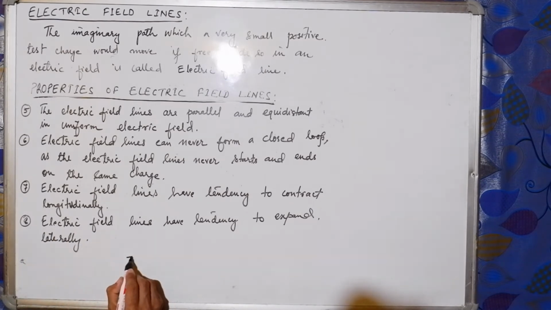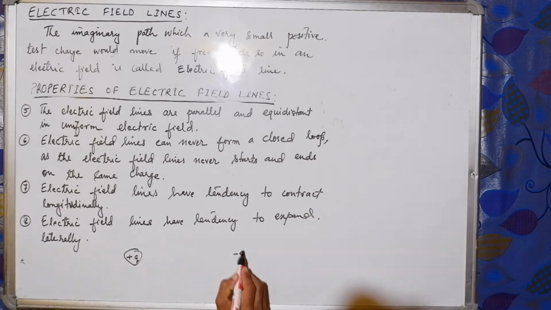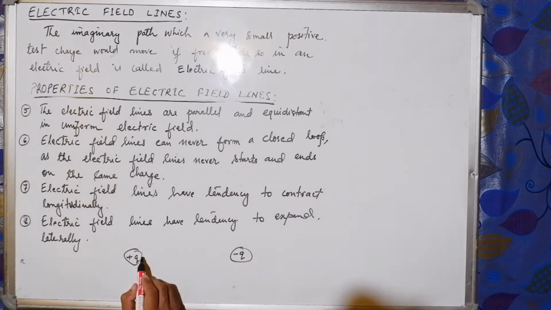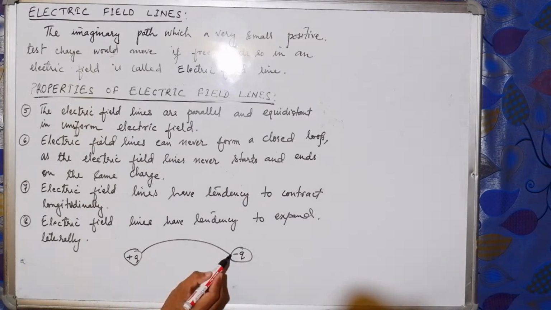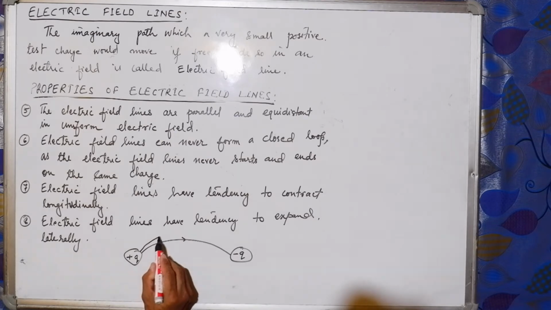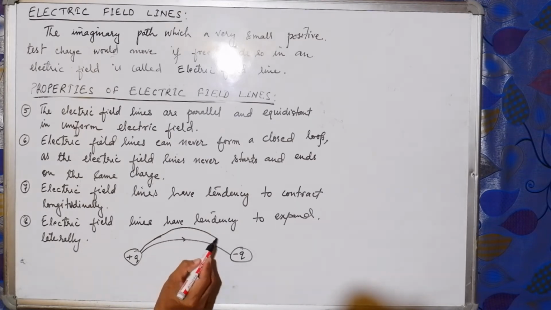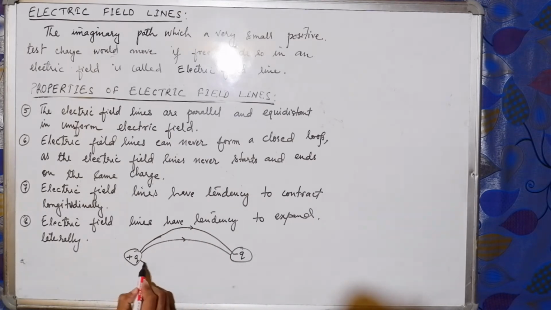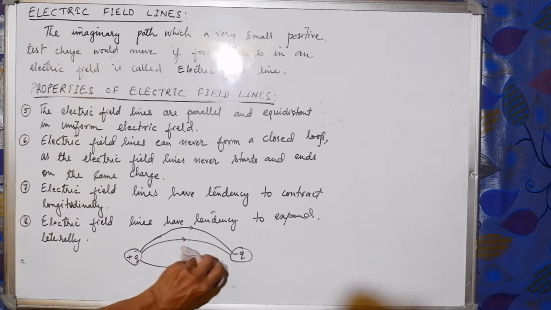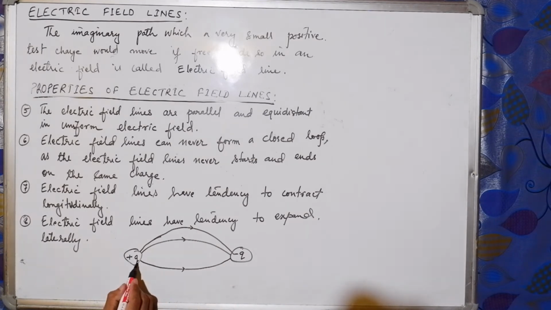That means, for example, if we choose a positive charge here and a negative charge here, then the electric field lines will come out in this way from the positive charge and they will enter the negative charge like that. Similarly, let us take a few more electric field lines here. This side also we will have like that. Then they will expand laterally like that.